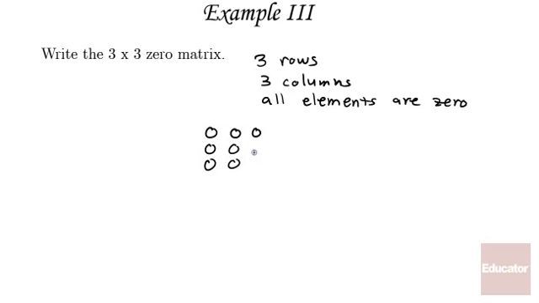So I just need to fill in, and all elements are 0. And again, a matrix is contained within brackets. So this is a 3 by 3 matrix, 3 rows, 3 columns. It's a 0 matrix, and I have my brackets around it to indicate that it is a matrix. This is a 3 by 3 0 matrix.